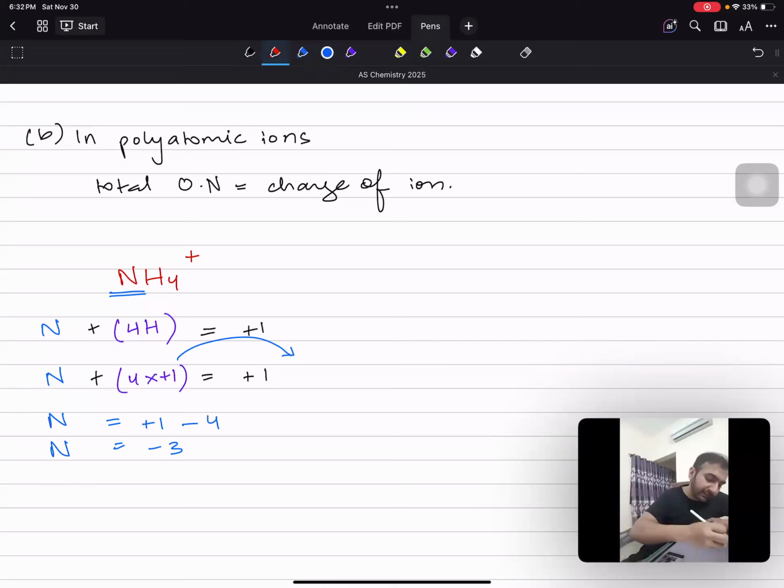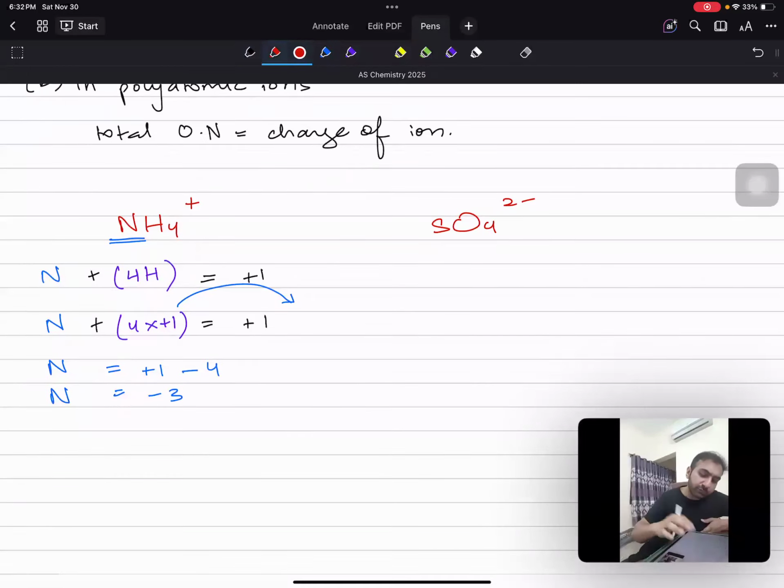Let's take another example. Sulfate ion, which has a charge of -2, 2 minus, I should say. There is a single sulfur atom, and there are 4 oxide ions. They together give you a charge of -2.